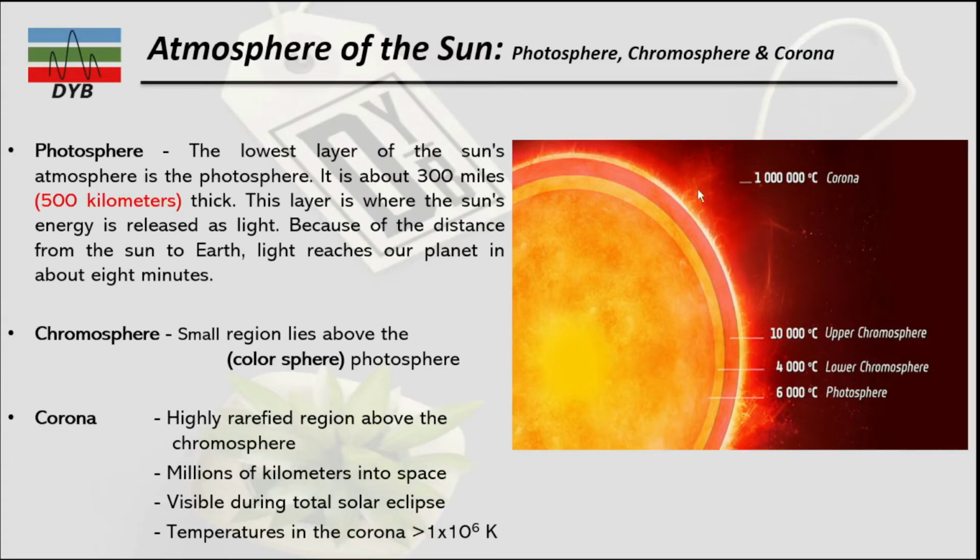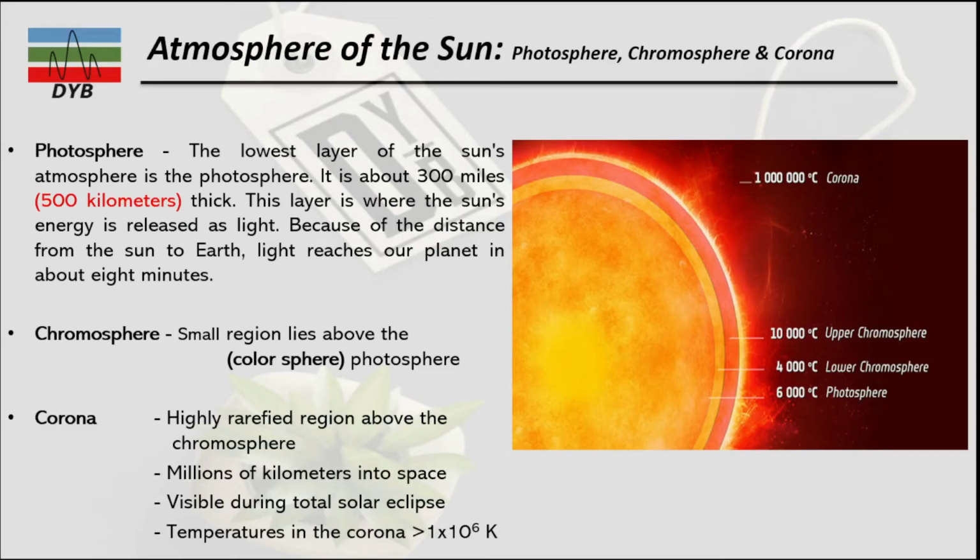The lower chromosphere has a temperature of 4000 degrees Celsius and the upper is 10,000. Then the last is the corona. You can see this is the corona, the atmospheric layer around the sun. It is a highly rarefied region above the chromosphere, extending millions of kilometers into space. It can sometimes be quite big.